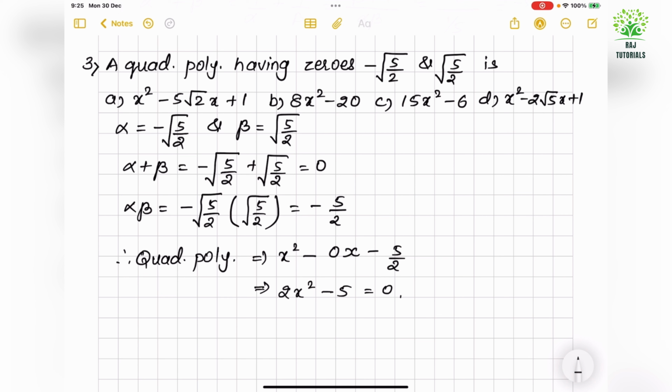But here there is no such option given. So A and D are directly gone. Now if I want to make the 2x square into 8x square, I need to multiply the whole equation with 4. So if I multiply with 4, 4 into 2x square minus 5 will be equal to 8x square minus 20, which is equal to 0. So my B option is the correct option.